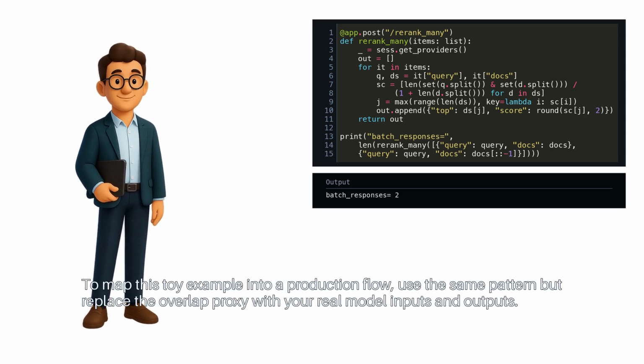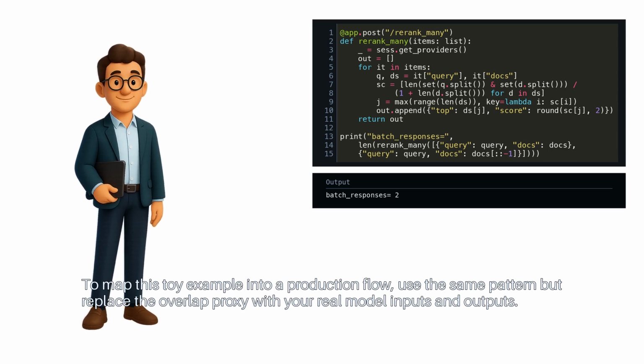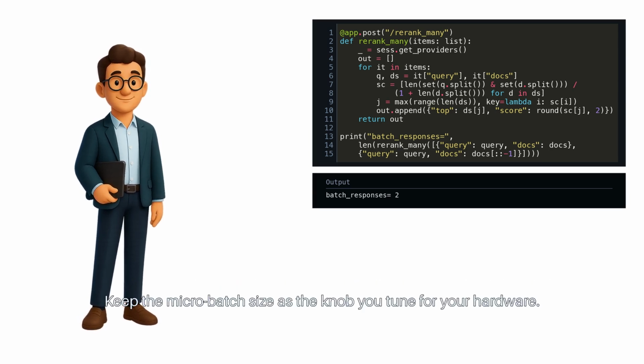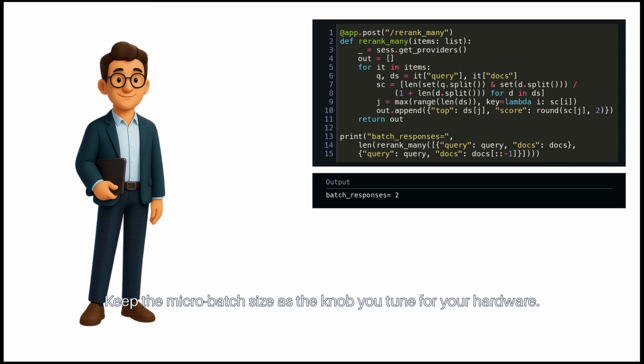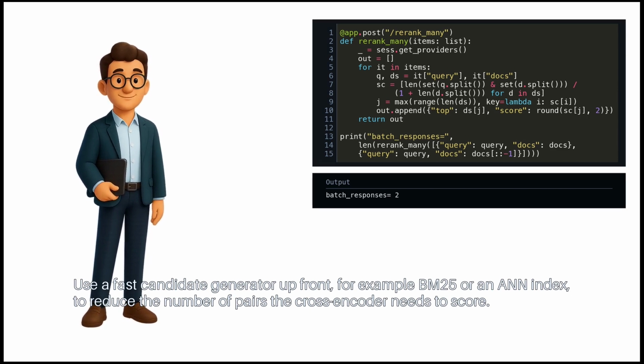To map this toy example into a production flow, use the same pattern, but replace the overlap proxy with your real model inputs and outputs. Keep the micro-batch size as the knob you tune for your hardware. Use a fast candidate generator up front, for example BM25 or an ANN index, to reduce the number of pairs the cross-encoder needs to score.